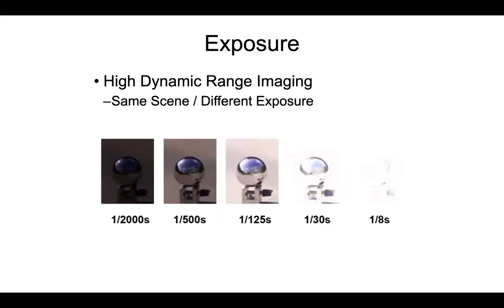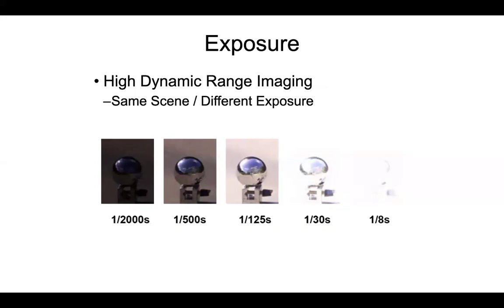The same for exposure, because usually in our cameras, the sensor has a small dynamic range. You cannot capture the full variation of incoming light. Like, let's say if you take a picture outside with bright sunlight and a shadow, the sensor cannot measure the radiant energy with all that range.